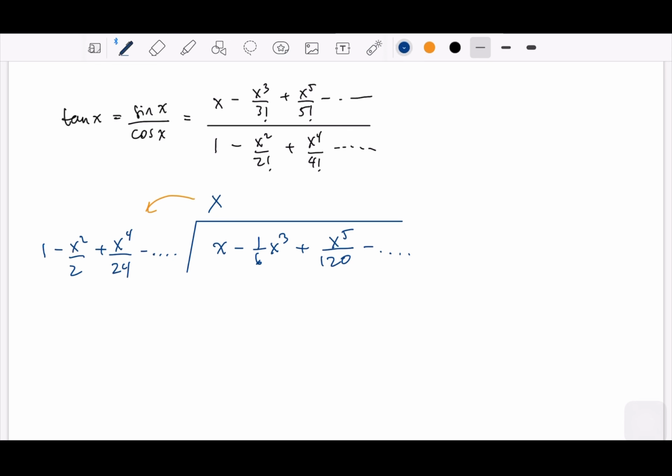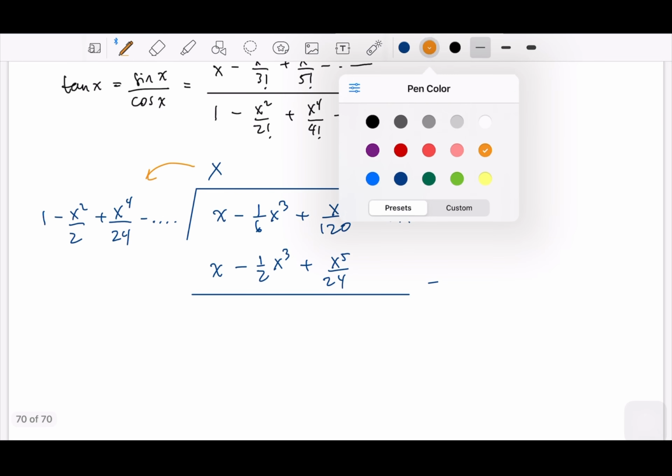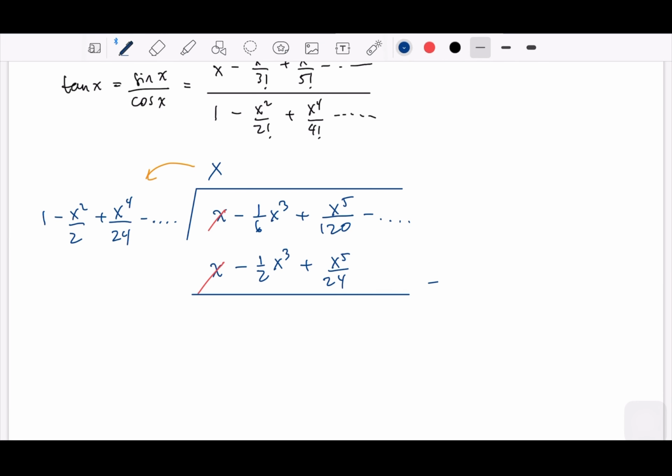Multiply this, and then we have x minus half x cubed plus x to the 4 over 24 minus, it's cancelled, and we have negative 1 over 6 plus half, it's 1 over 3 x cubed, and then this will be 5 divided by 120, it's 1 over 30 x to the 5, and then we have plus 1 over 3 x cubed.